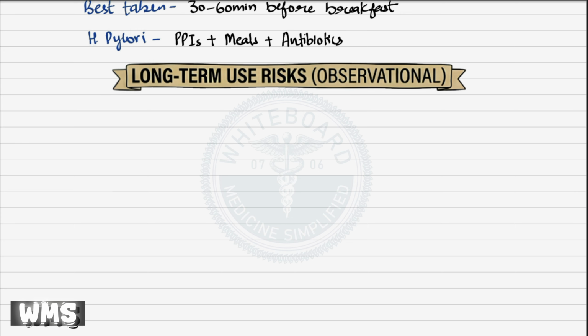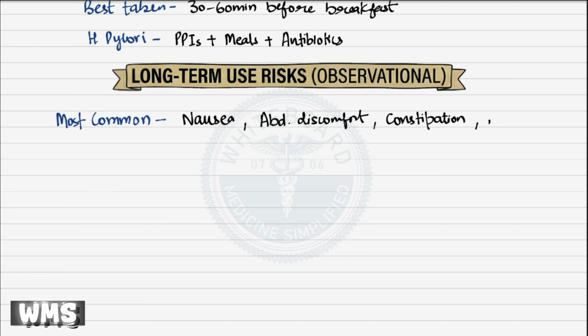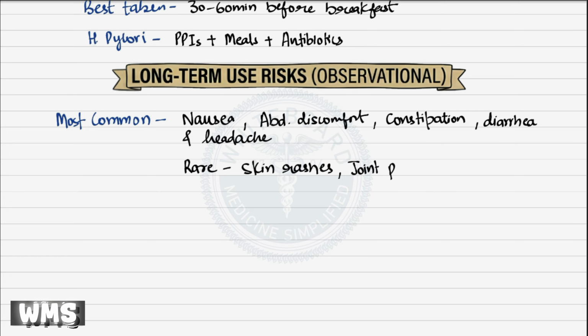To begin with, the most common side effects are usually mild and include nausea, abdominal discomfort, constipation, flatulence, diarrhea, and headache. In rare cases, effects such as skin rashes, joint pain, muscle symptoms, or interstitial nephritis may also occur.